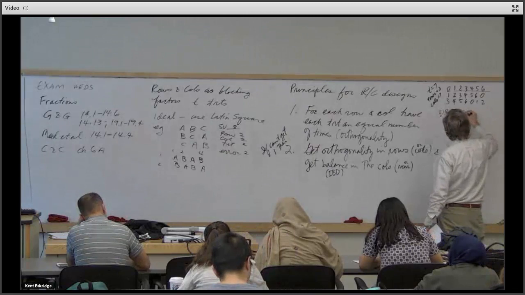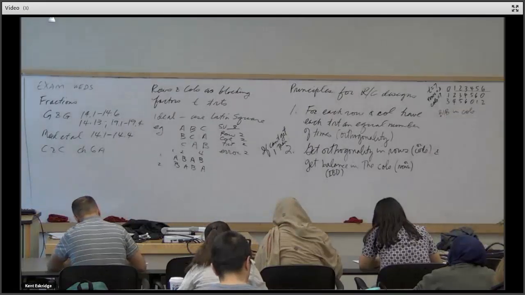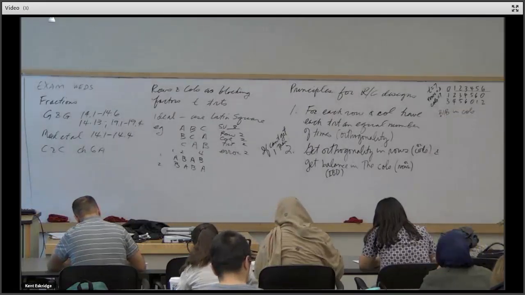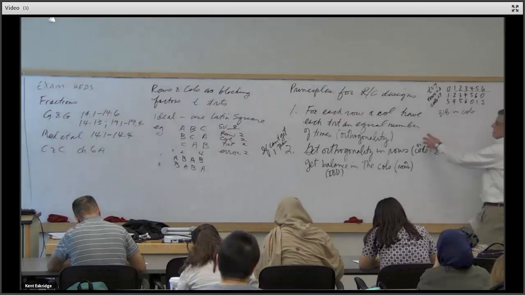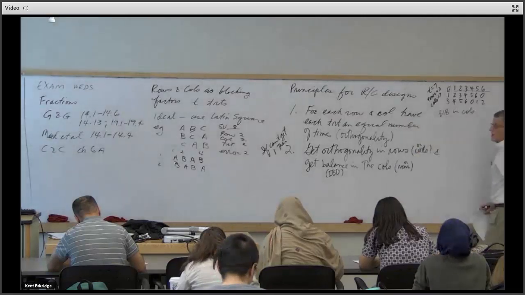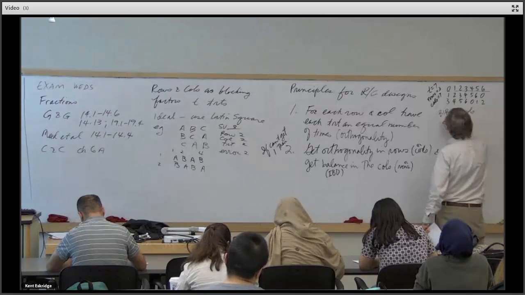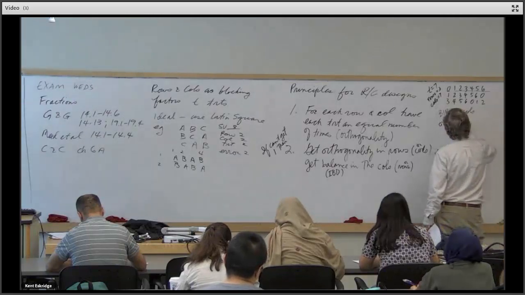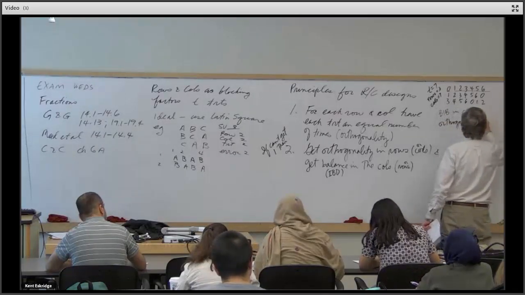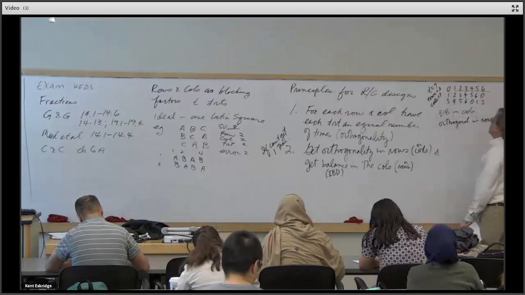That's a perfect type of design if you can't get a Latin square type of design. So I have a BIBD in the columns, and it's orthogonal in the rows.